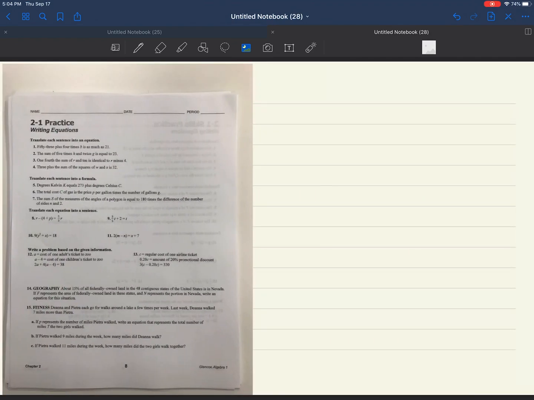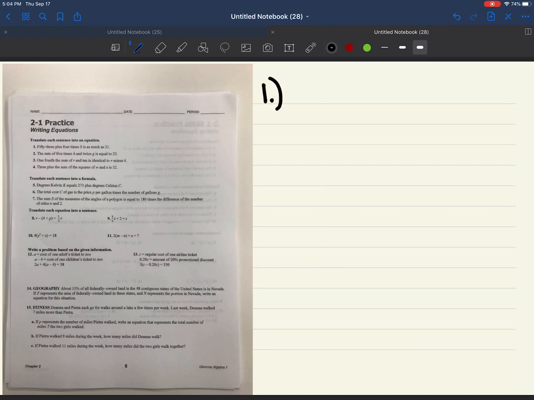Okay, so on 2-1 on practice, number 1 asks us to translate each sentence into equations. So on 1 through 4, we're going to be writing an equation given a sentence. All right, so notice on number 1, it says 53 plus 4 times b is as much as 21.